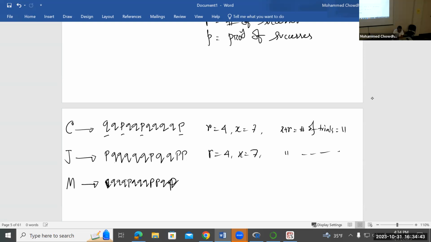So the different combinations you are getting, right? Success, failure, different combinations. Different ways these are coming. It is still R equal to 4 and X equal to 7.